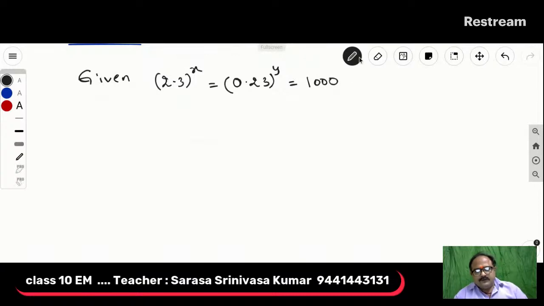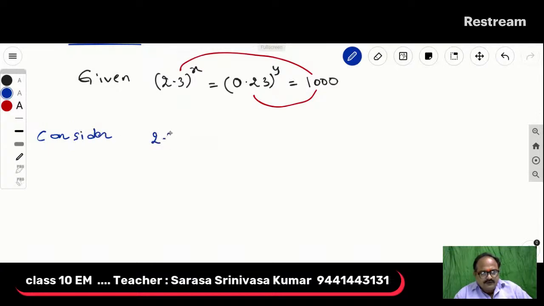Now we consider first and third, and next we consider second and third. So we note down, consider 2.3 raised to the power of x equal to 1000. This can be written as 10 power 3.